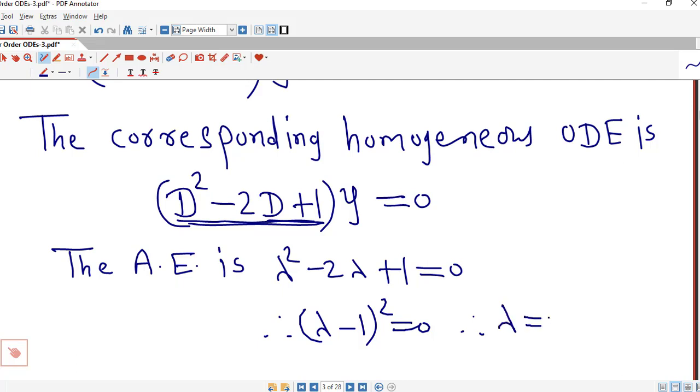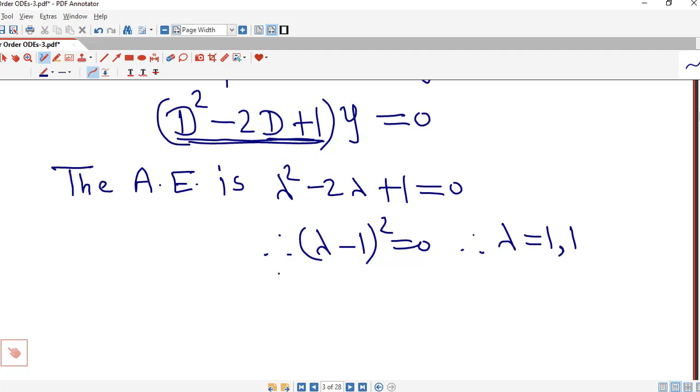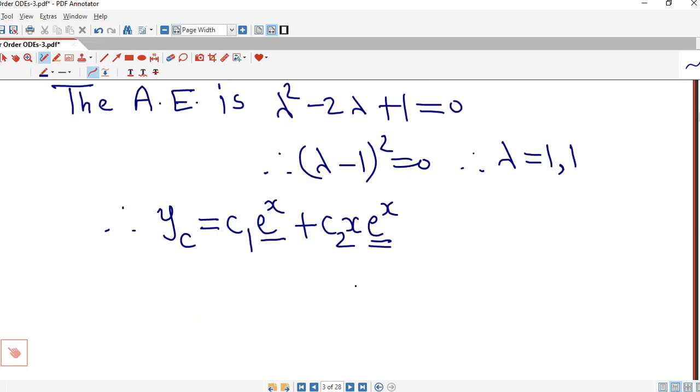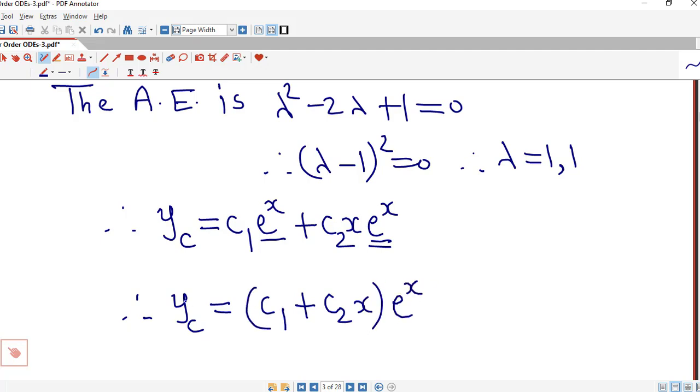This gives me real and equal roots. Lambda equal to 1 is repeated 2 times, therefore the complementary function is c1 e raised to x plus c2 e raised to x, and because this is repetition of the same function, we multiply by x. If we wish, we can rewrite this as c1 plus c2 x times e raised to x, as e raised to x is common. So this is the complementary function.